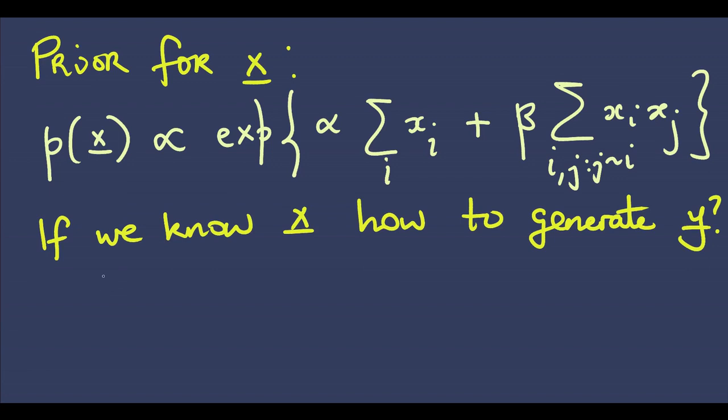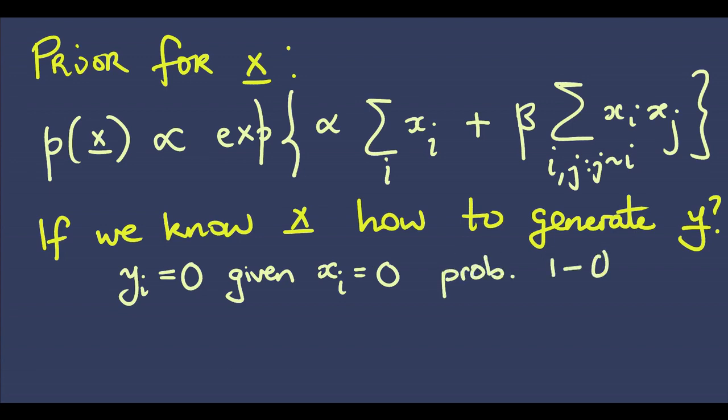So we'll just think about a particular pixel yi, and given that xi is equal to 0, well, that would happen if pixel i wasn't flipped, right? So that would happen with probability 1 minus theta, and then we'd have yi equal to 1 given xi is equal to 1.